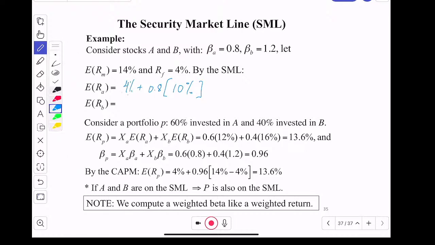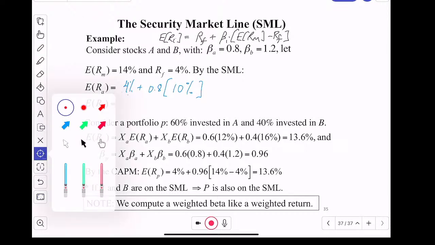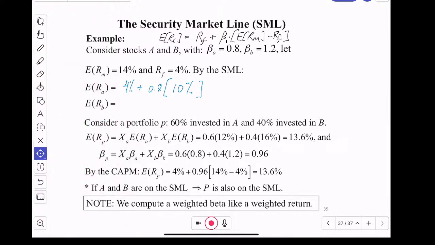So what I'm using is the security market line. So you can write it like that.